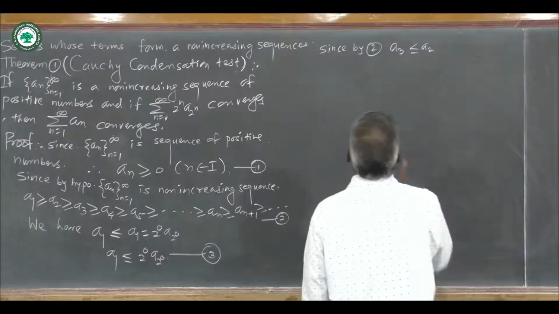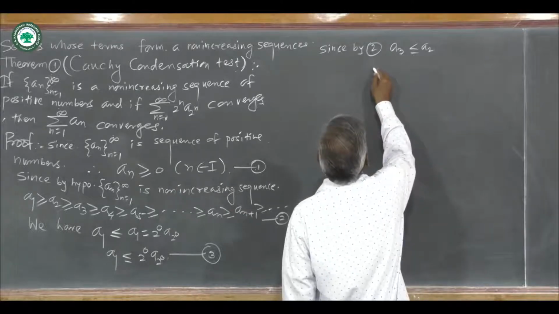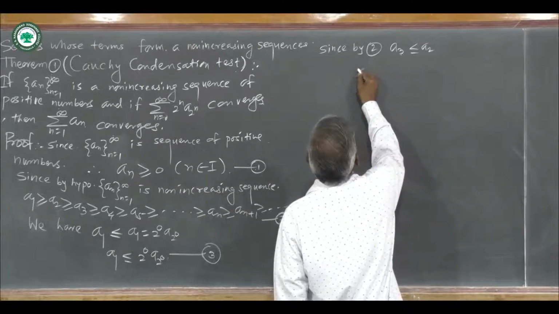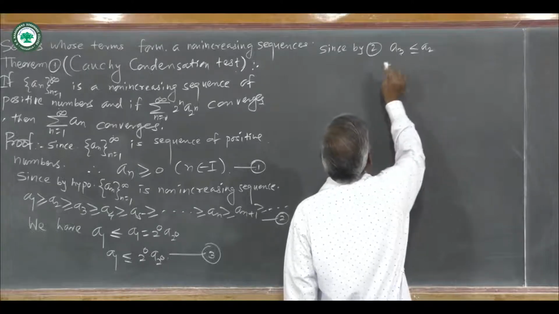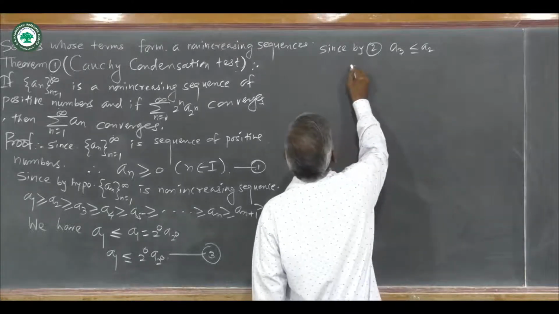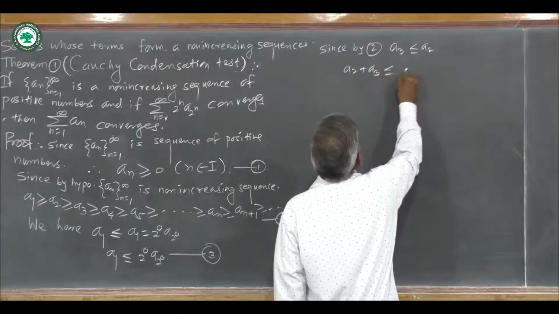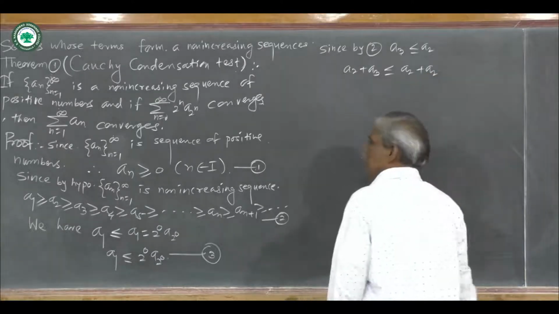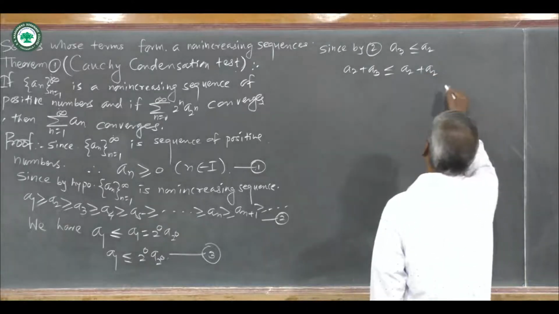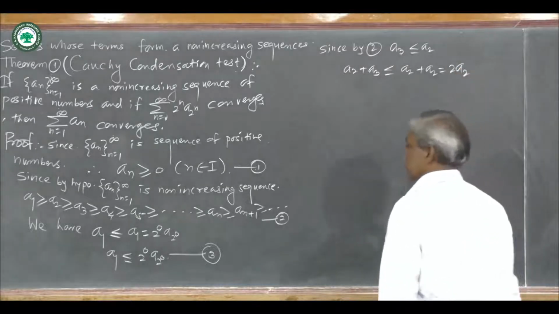Adding a2 on both the sides, a2 plus a3 is less than or equal to a2 plus a2. a2 plus a2 is equal to 2 times a suffix 2.